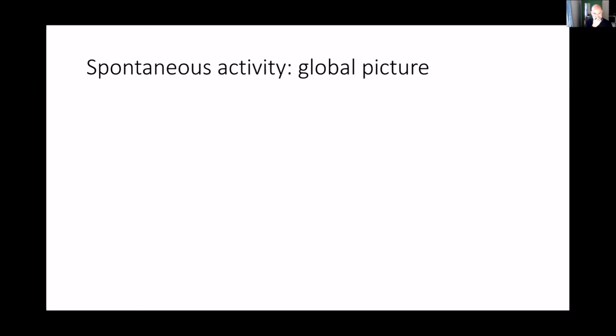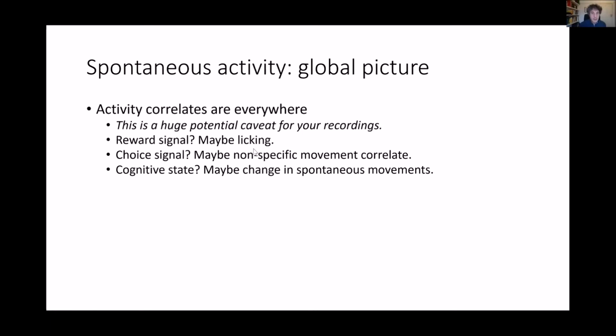So the global picture, there are activity correlates everywhere. This is a huge caveat for your recording. So if you're looking at a behavior task, the fact that activity anywhere in the brain correlates with action is a huge caveat.